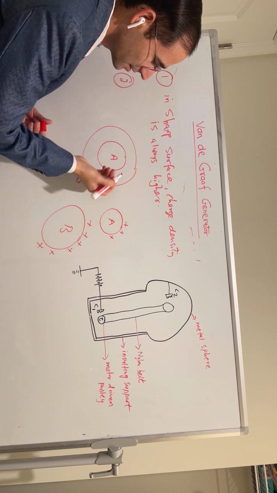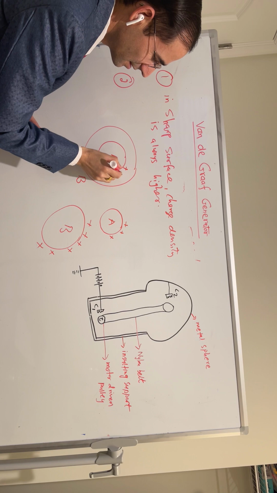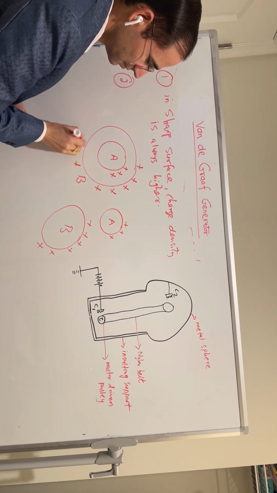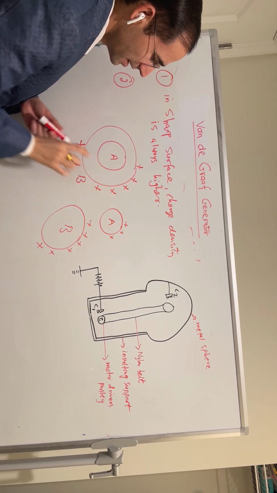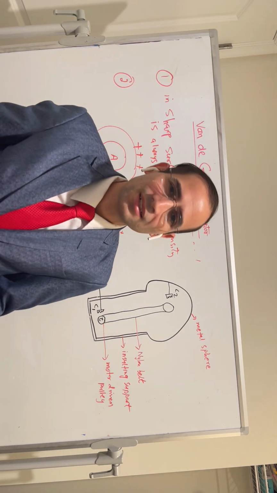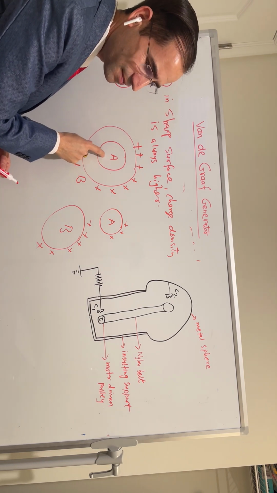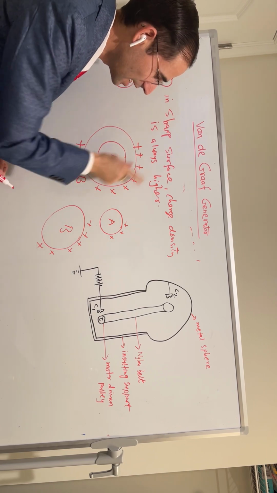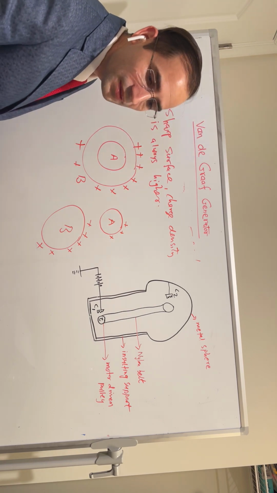Then what happens is these positive charges go outside the spherical cell. So inside there is no charge. Inside the cell there are no charges, and outside is positively charged. All of the free charges go outside the sphere.